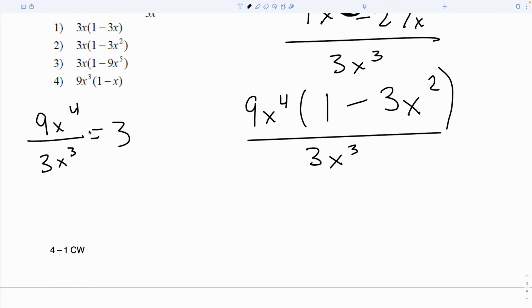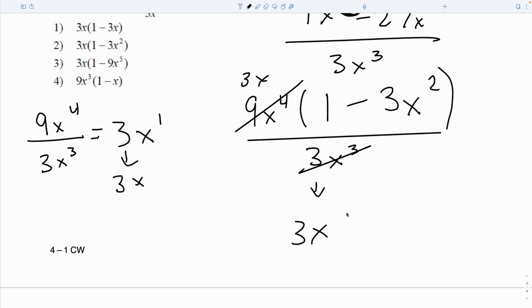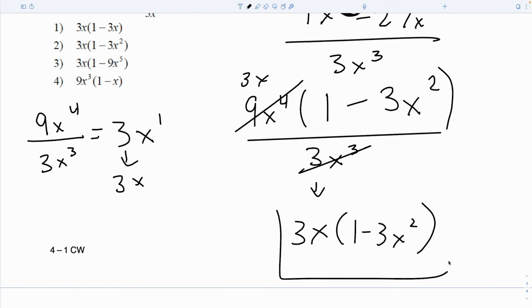What do I do with the exponents, Wyatt? You subtract. 4 minus 3 is 1. 3x to the 1st is really just 3x. This crosses out, becomes 3x up here. 1 minus 3x squared stays there. There's nothing on the bottom. There's your answer. That is it.